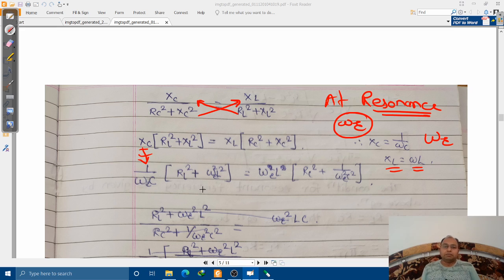Then RL square plus XL is omega r into L, bracket square. Similarly this is also XL, which we replace with omega r L. Then the same thing, we have replaced XC by 1 upon omega r C, bracket square.